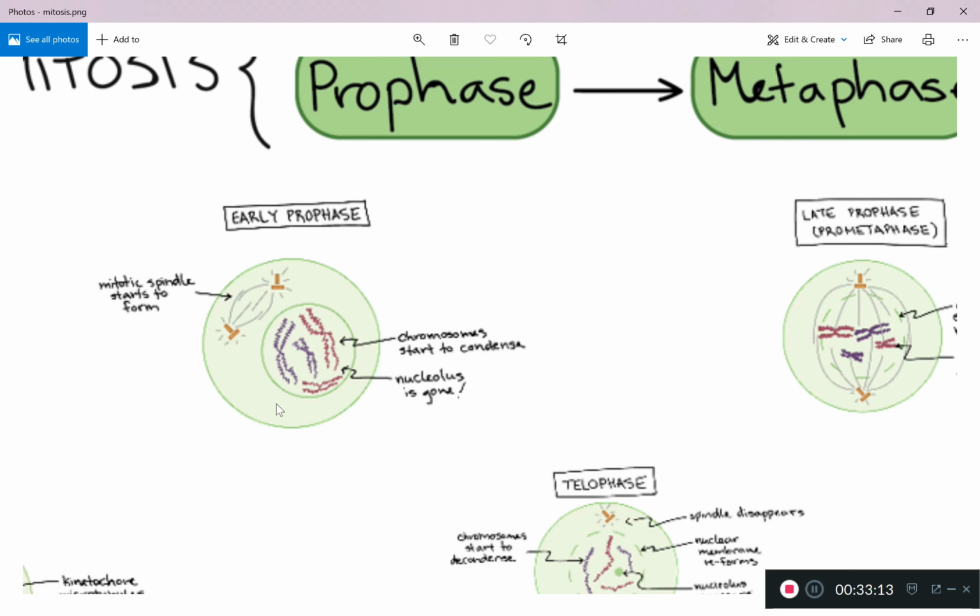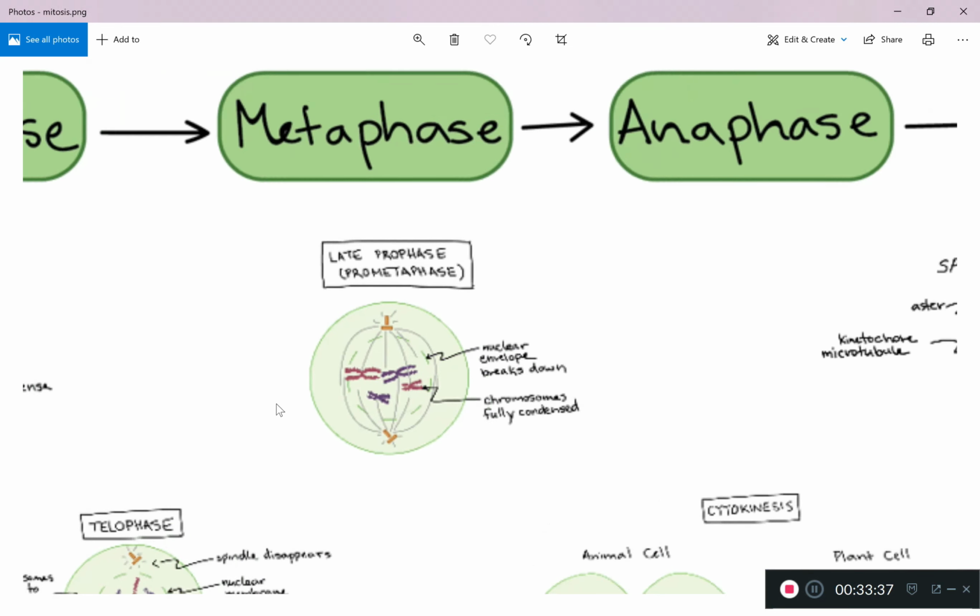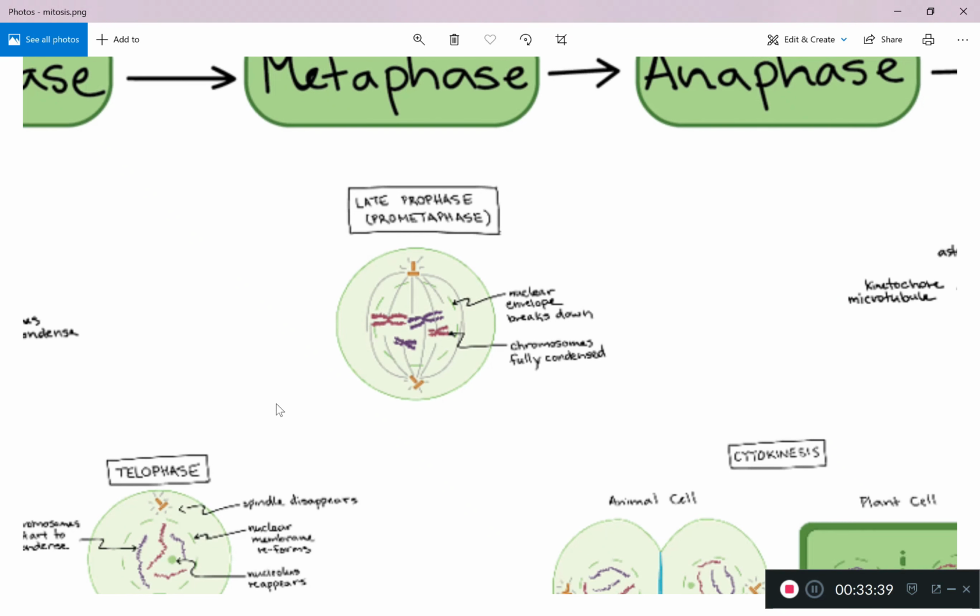And then microtubules or microspindles, whichever one, will start forming inside the cell. And then the mitotic spindles will eventually pull the chromosomes apart. And also the nucleolus is completely gone at this point. Okay, and then from there you'll enter prometaphase, which is also known as late prophase.